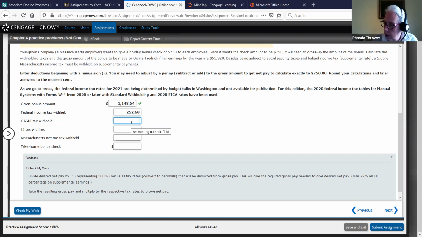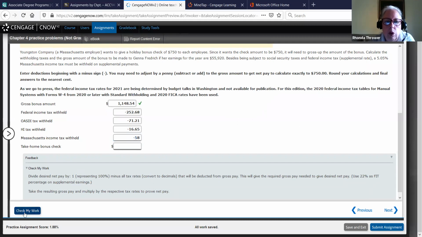You got to enter it as a minus because it's a deduction. The HI taxes were $16.65. Enter it as a minus too. And the state income tax was $58. Got to enter it as a minus too.